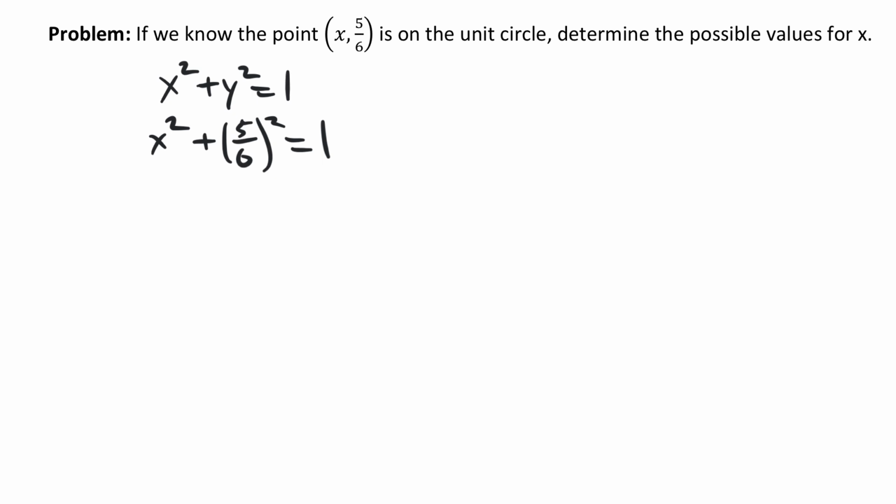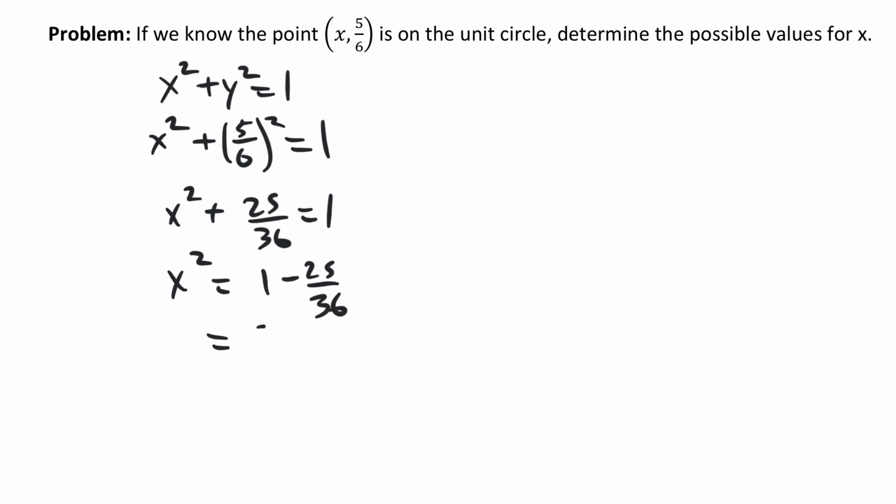All right, so what we have here is x squared plus 25 over 36 equals 1. x squared equals 1 minus 25 over 36. So that would be 36 minus 25 over 36.